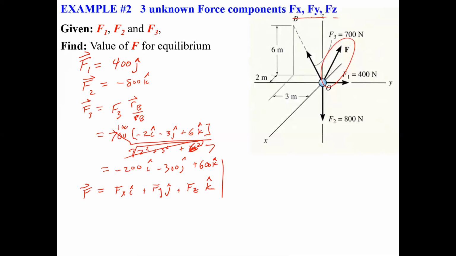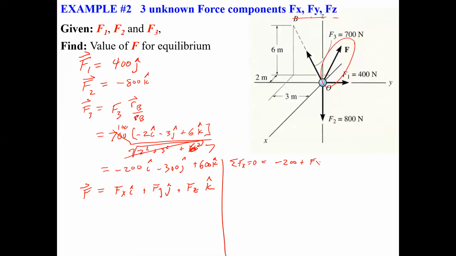So I think I can probably squeeze this in over here. So the sum of the Fx equals 0 is going to give us what? What are all the x components in this system of forces? Yeah, we got the negative 200 for F3. And what else?